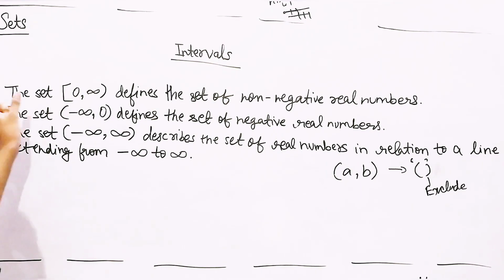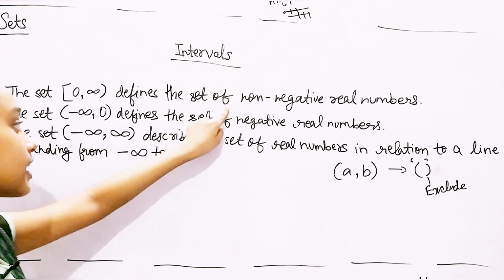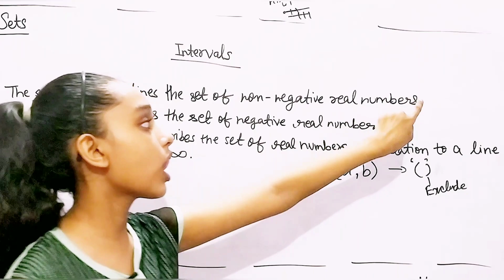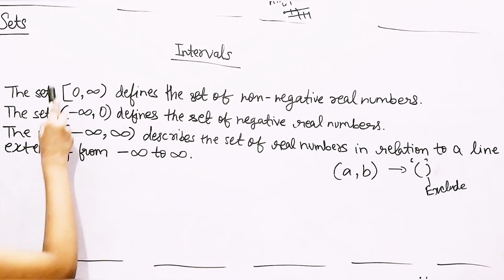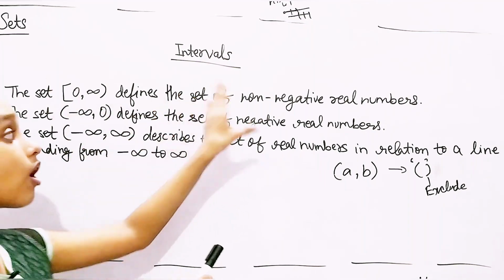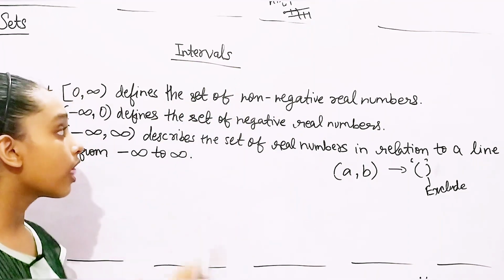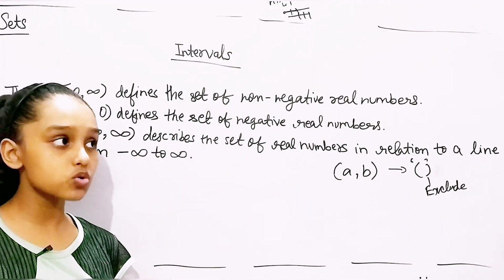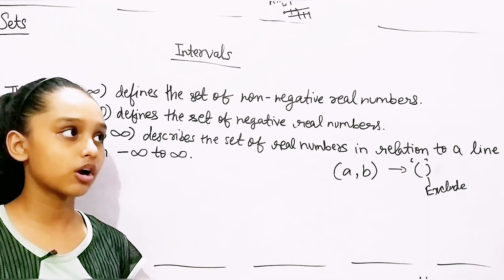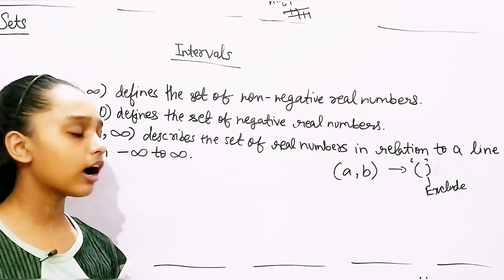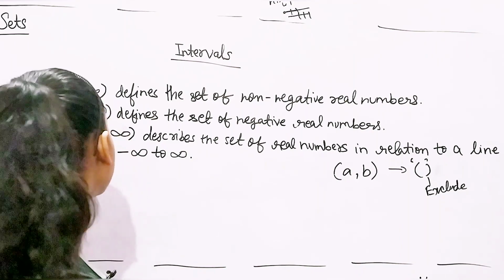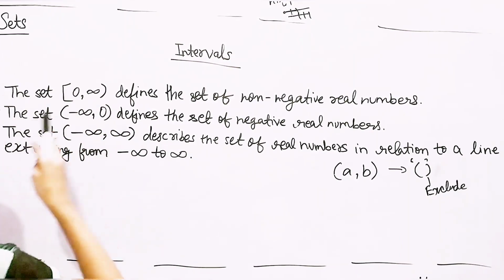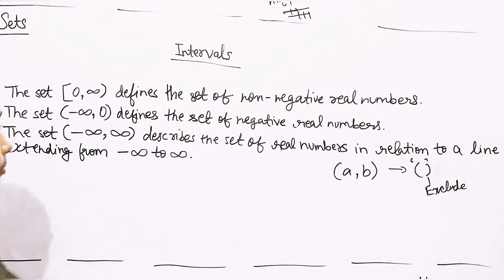The set 0 to infinity defines the set of non-negative real numbers. This simply means those real numbers which aren't going to be negative, so they're going to be positive from 0 to infinity.